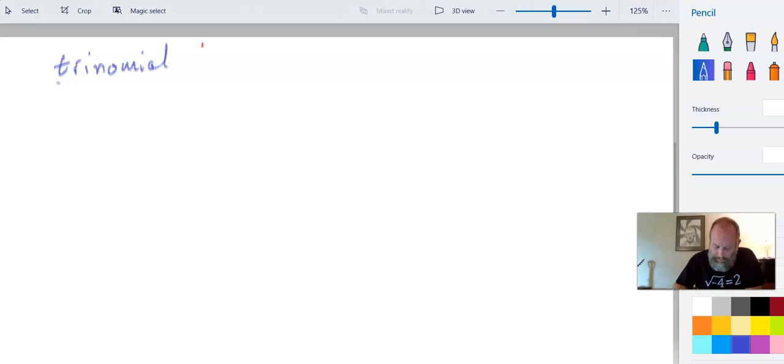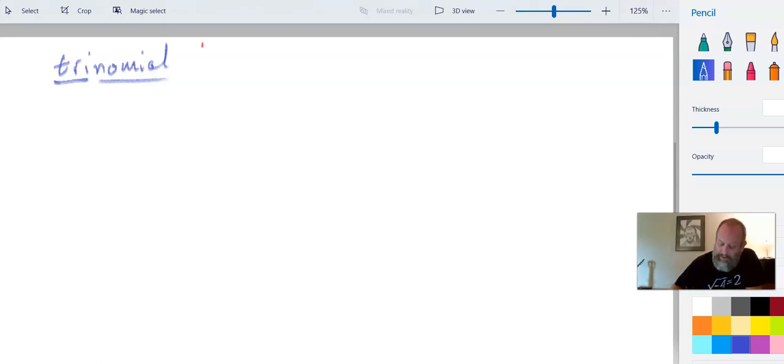Trinomial, you see the nomial refers to the terms. Tri is how many. So this is basically saying it has 3 terms. And we just talked about the fact that if we're going to use grouping, we have 4 terms.